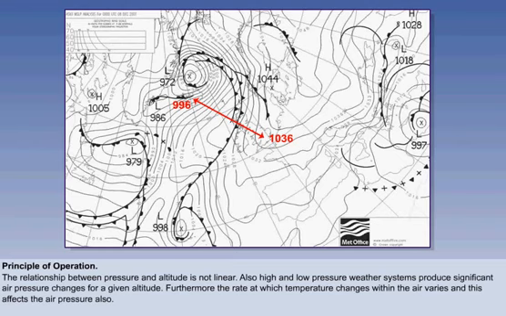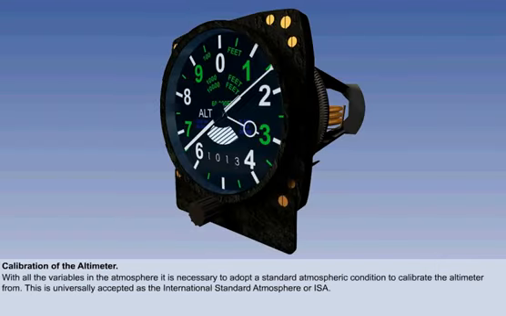The matter is further complicated because the rate at which temperature changes within the air will vary considerably, and this affects the air pressure also. With all these variables in the atmosphere, calibration of the altimeter is a complex matter, and it is necessary to assume an average or standard atmospheric condition from which to apply any necessary corrections.